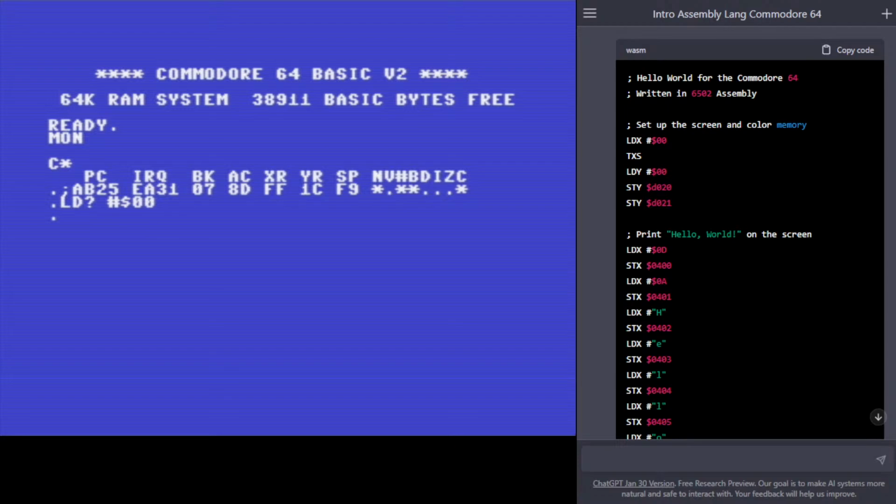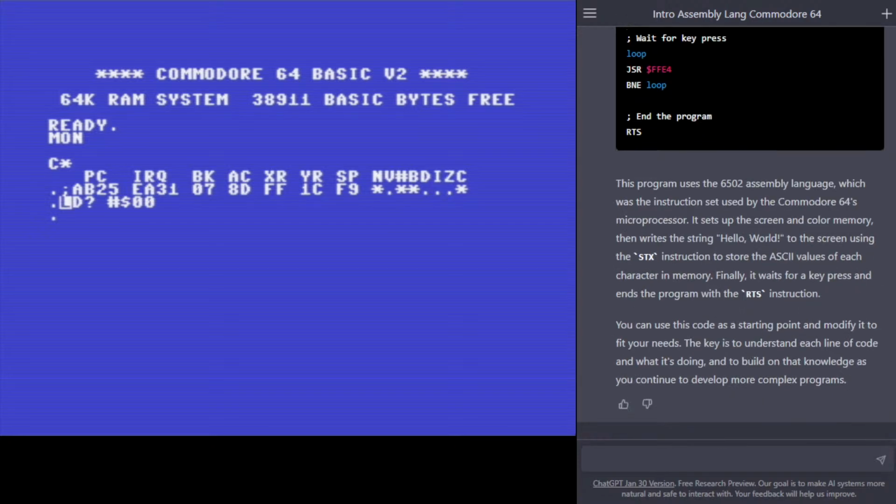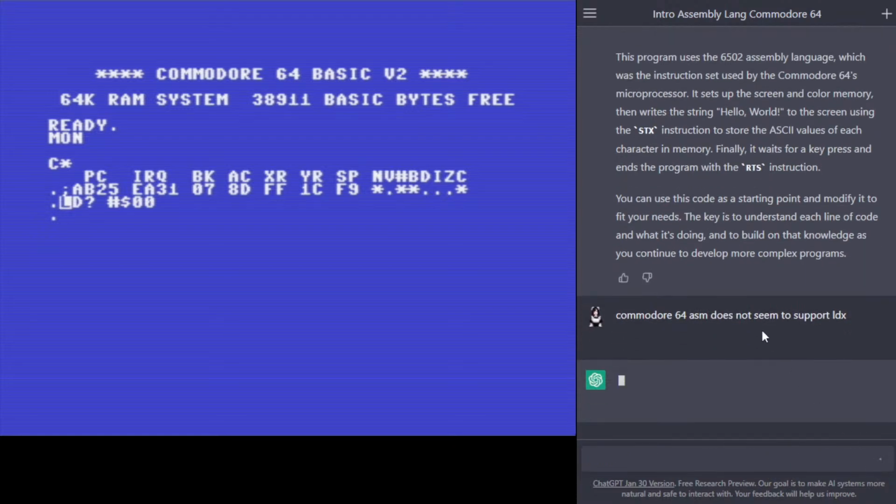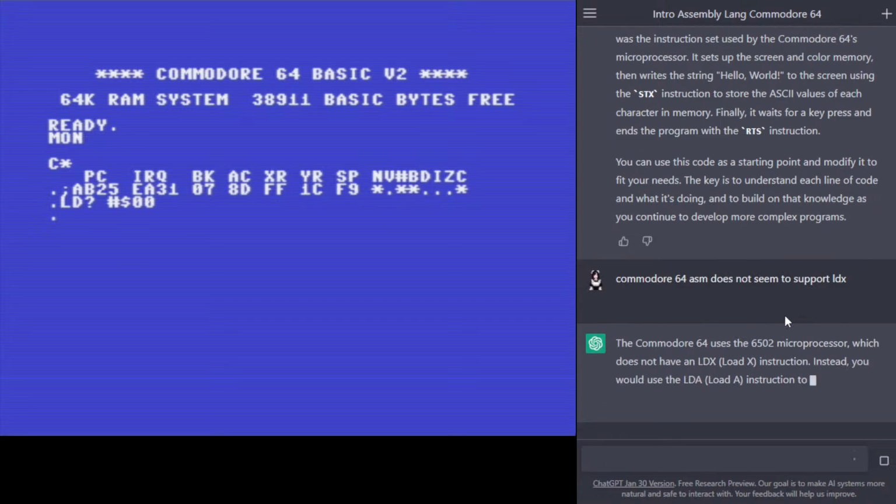So LDX doesn't seem to be an opcode that it supports. Commodore 64 ASM does not seem to support LDX. Right? So let's see what she says.